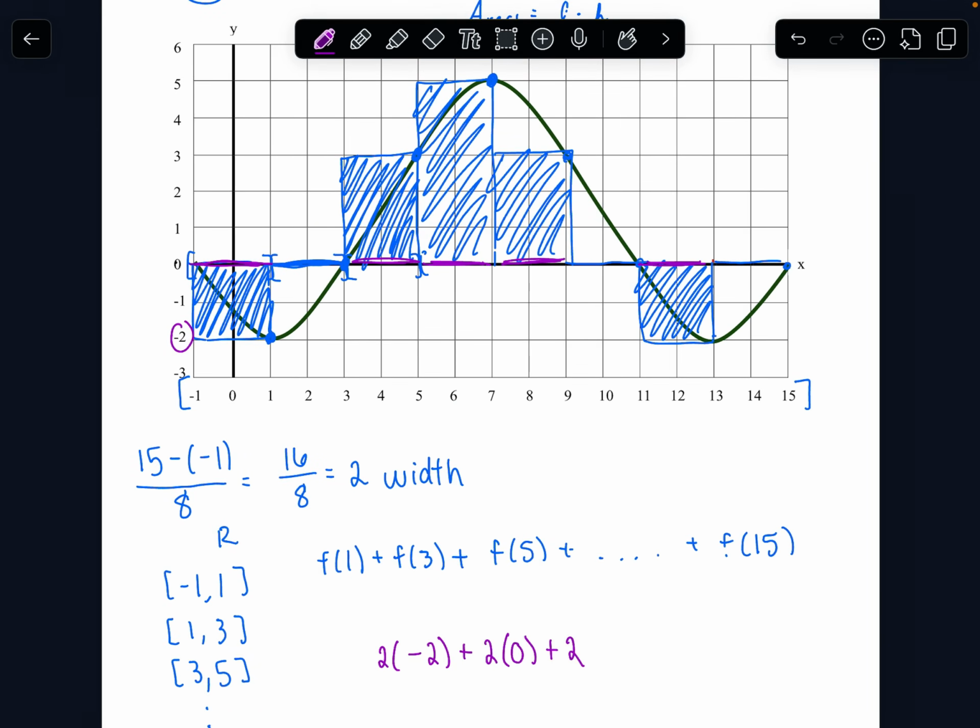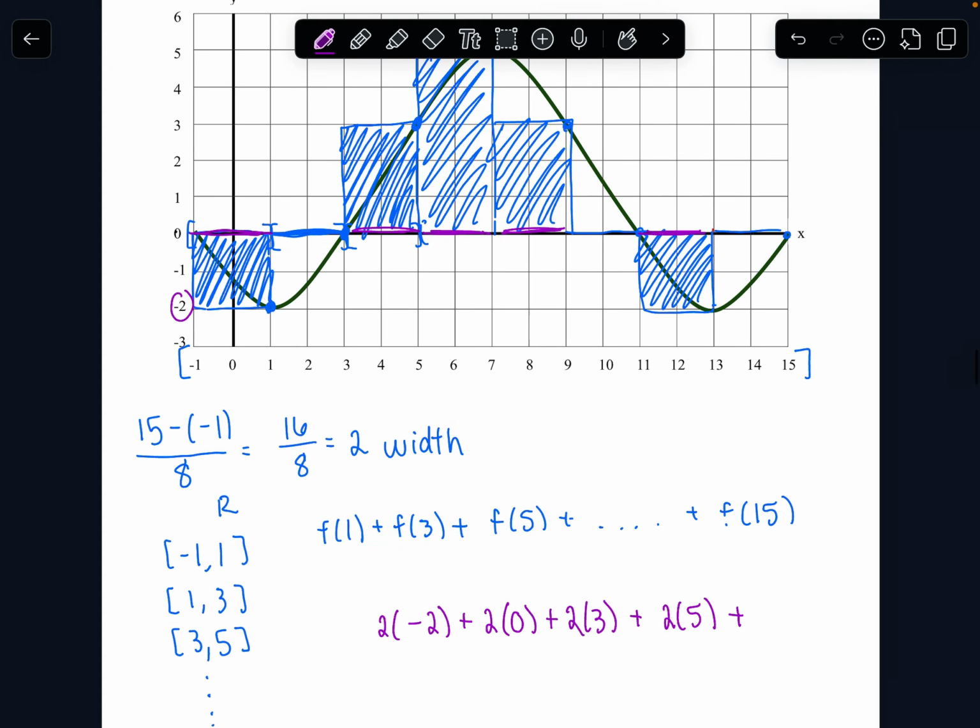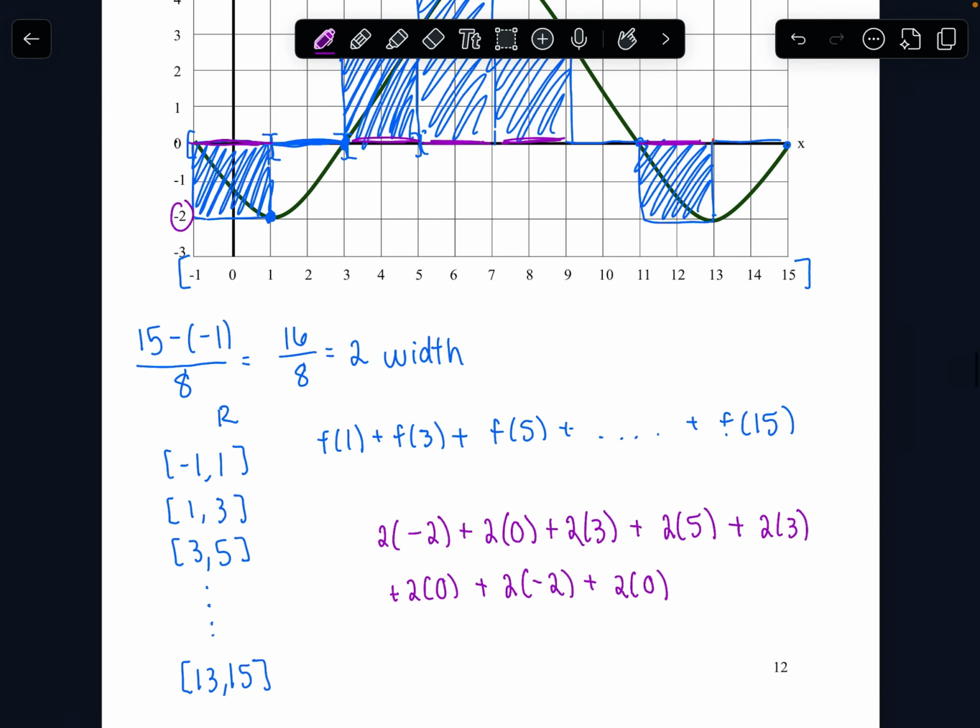And then we do 2 times 3, because 3 is the next height, so on and so forth, until I have all of them written down. Let's see, the next one is 3 again. Next one is 0. And then I have -2. And then I have 0 again.